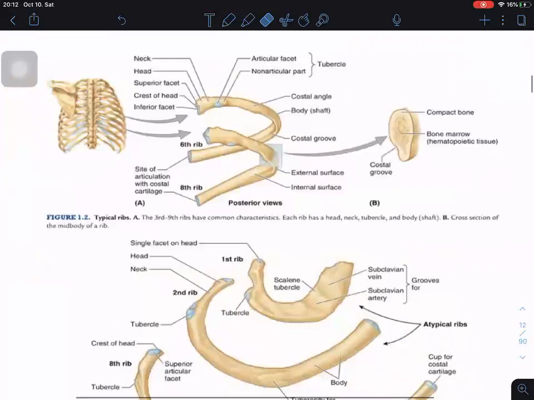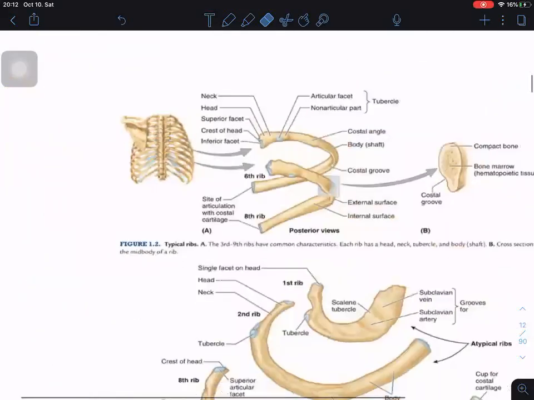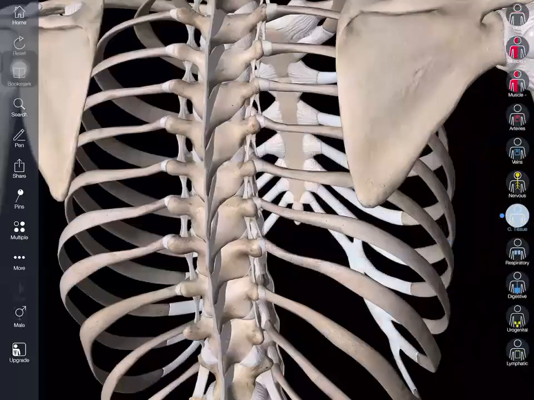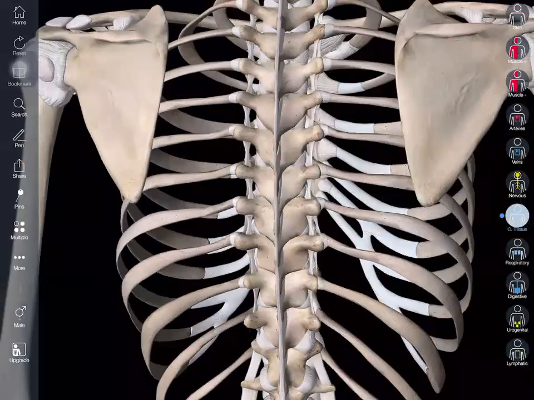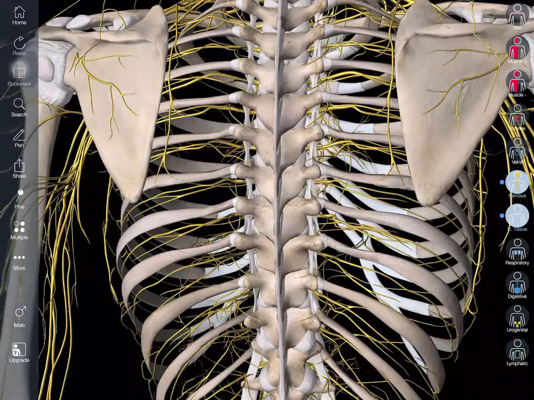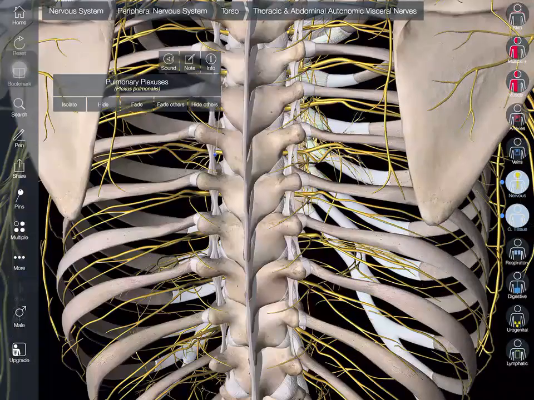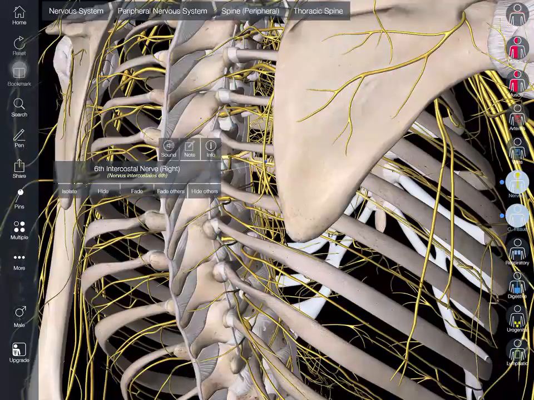So if you look at the posterior view, or let me move it to the application, it's better. If you look at the ribs posteriorly, we know that the nerves are coming out. Ooh, such a mess. So this is the one intercostal nerve that you're seeing here. Okay, that's an intercostal nerve.